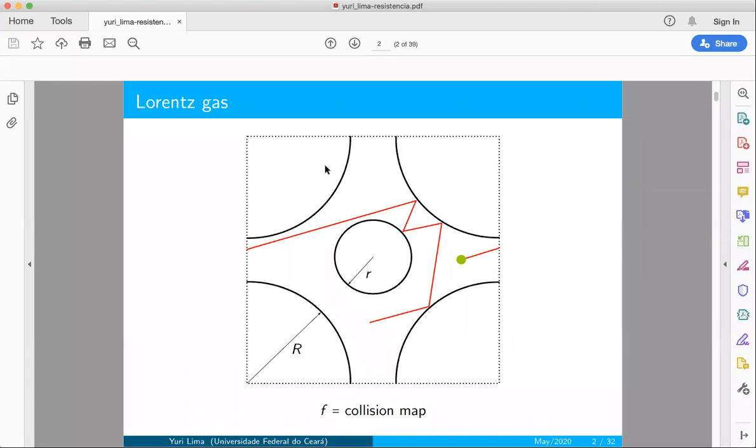For the purpose of this talk, I will be talking only about the collision map. I will not talk about the billiard flow, just the billiard map. Here we will call it small f.